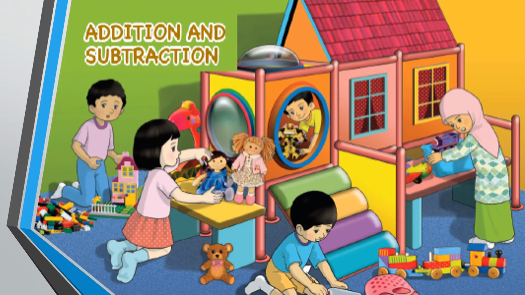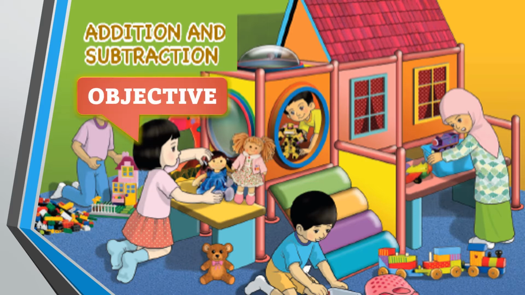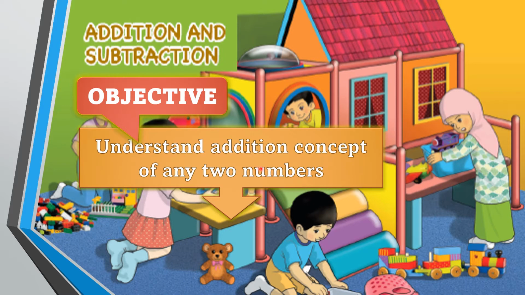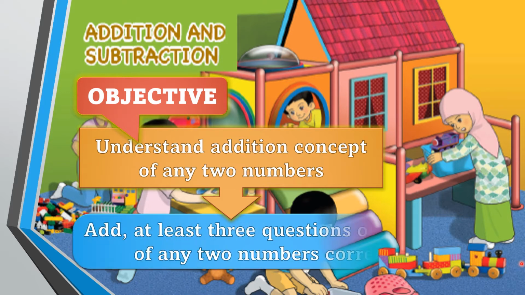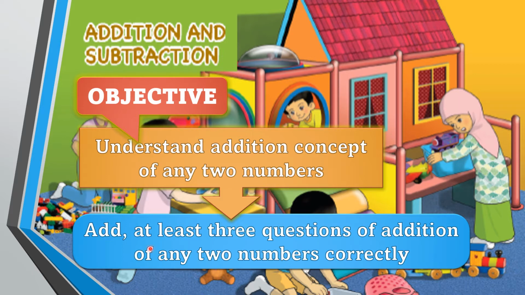Before we go through our lesson for today, I am going to tell you about our objective. Our objective is to understand the addition concept of any two numbers, untuk memahami konsep penambahan sebarang dua nombor. And our success criteria is pupils can add at least 3 questions of addition of any two numbers correctly. Maksudnya, kriteria kejayaan kita pada hari ini apabila murid boleh menambah sekurang-kurangnya 3 soalan penambahan bagi sebarang dua nombor dengan betul.